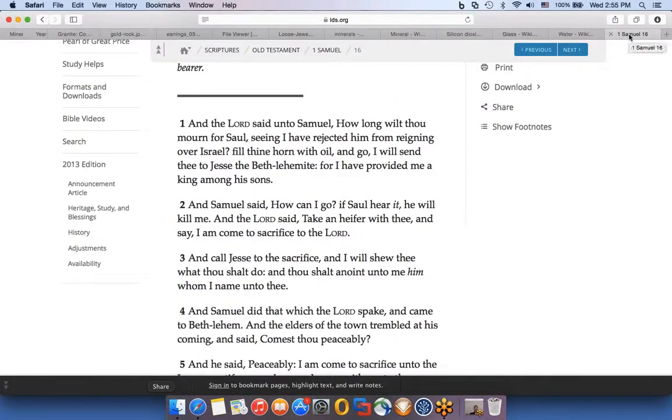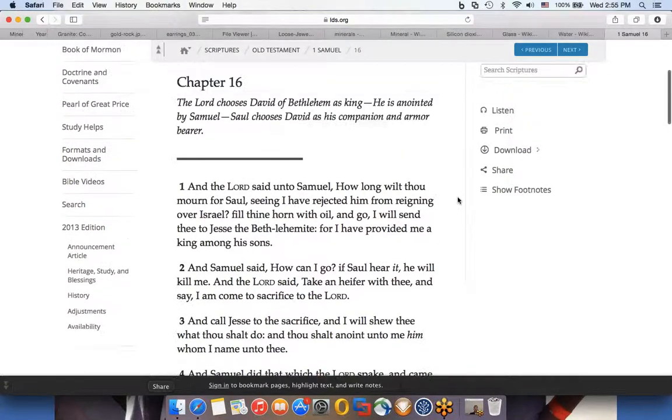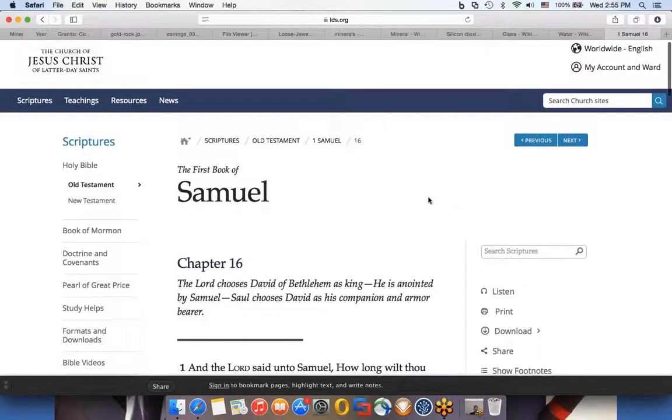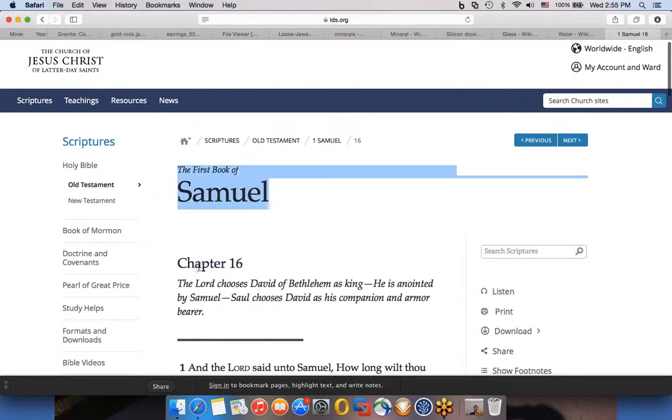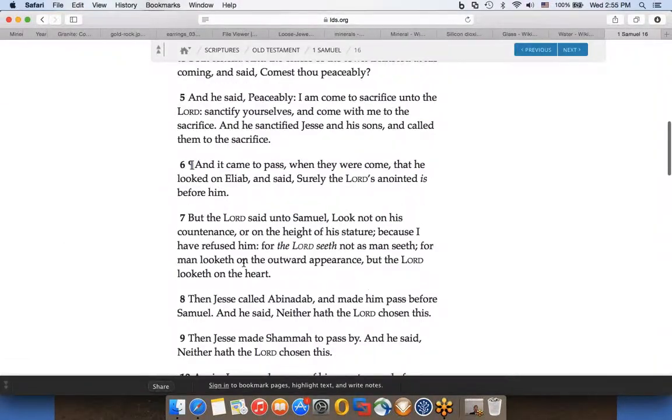To finish the lesson, I would like to share the application of all these things that we have been talking about to one of the gospel principles. I want to share from the book of 1 Samuel, chapter 16, verse 7.